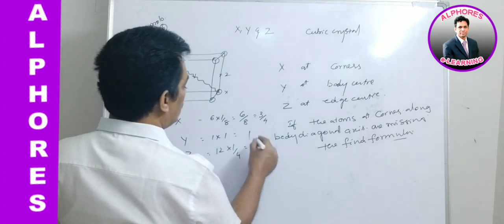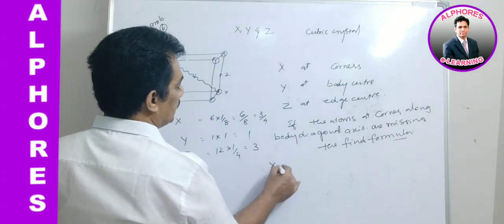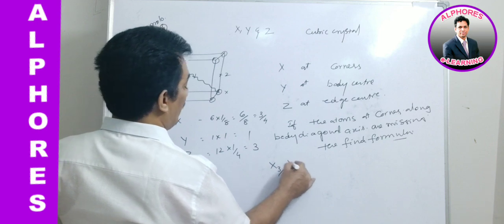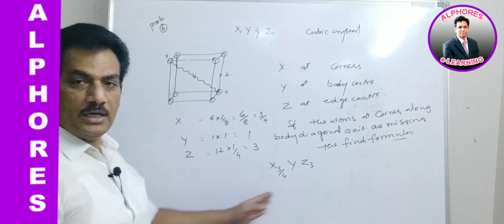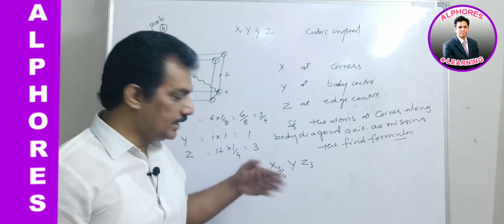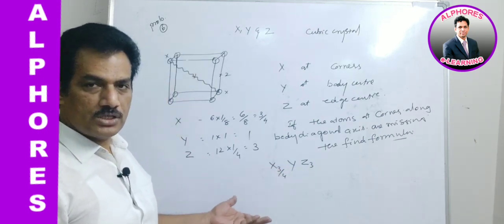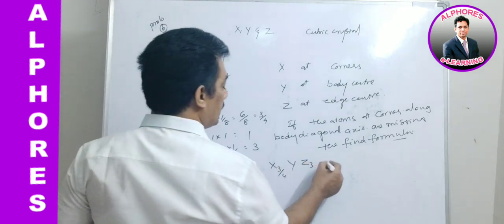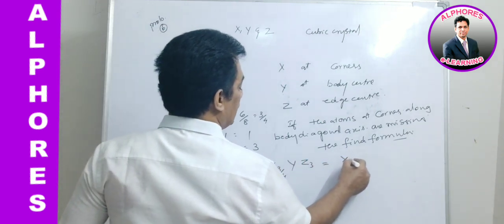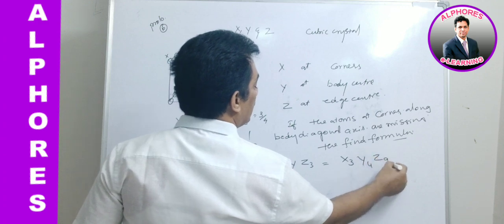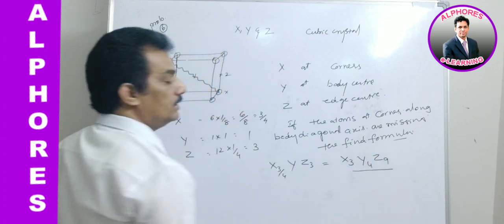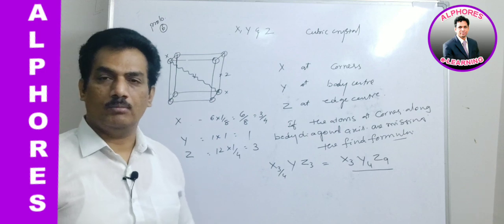So now actual condition is X 3 by 4, Y 1, Z 3. And now to clear the fraction, we have to multiply all the atoms with 4 because 4 is the denominator. Then what we are getting is X 3, Y 4, Z 9. This is the formula of the compound.